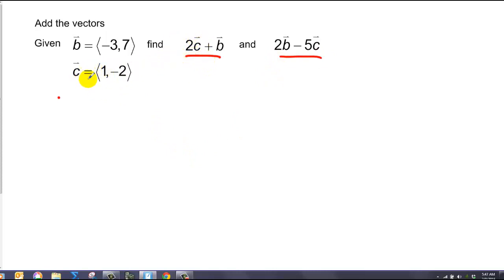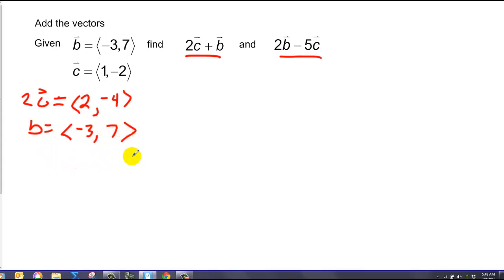We talked the other day about doing scalar multiples on rectangular forms, so 2c would be equivalent to multiplying 2 by each of these two terms, giving me a 2 and a negative 4. And then we take a look at b. That's just negative 3 and 7. And like in our previous example, we're just going to add the x components and the y components and get negative 1 and 3. And that's my resultant.